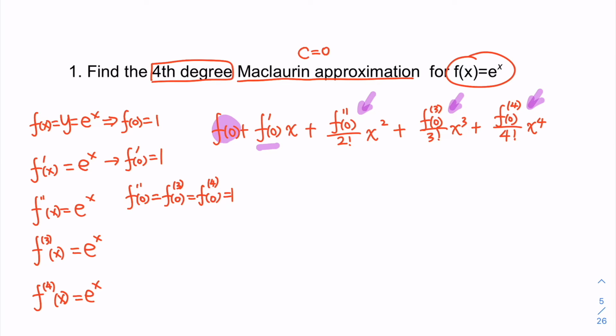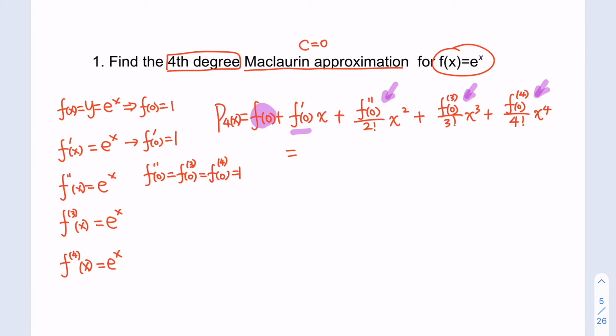Now we plug everything in. P4 of x is given by f of 0, which is 1, plus x, plus x squared over 2 factorial, which is 2, x cubed over 3 factorial, which is 6, and x to the fourth over 4 factorial, which is 24.